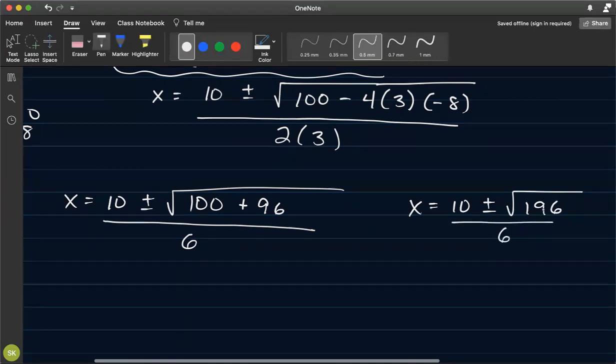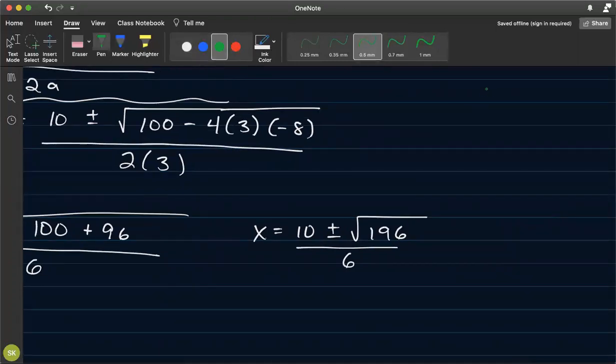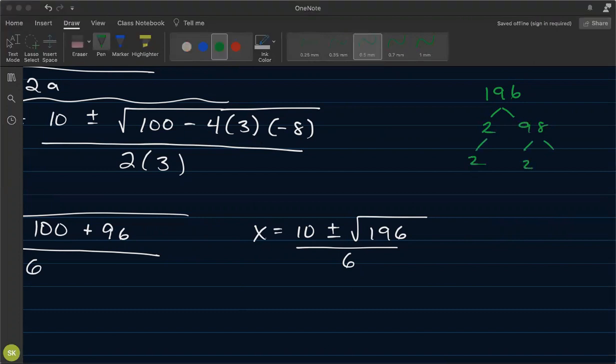Now, I don't know if this is a perfect square or not, but I can figure it out. I want to simplify this, so I need to find the factors of 196. Well, let's see. 196 divided by 2 is 98. So this is 2 times 98. And 98 is 2 times something. Let's divide that by 2. It's 49. Look, I have a 4 and a 49.